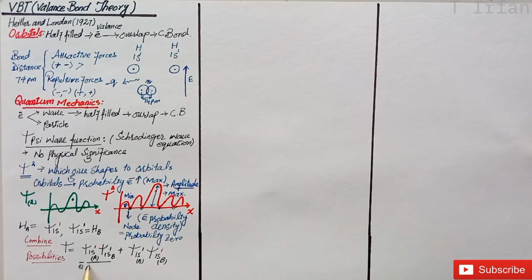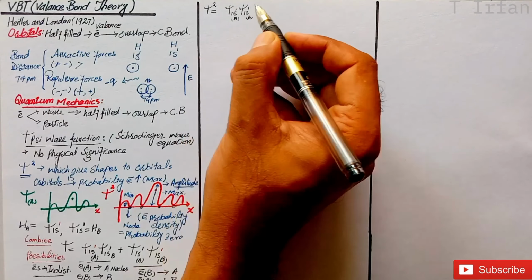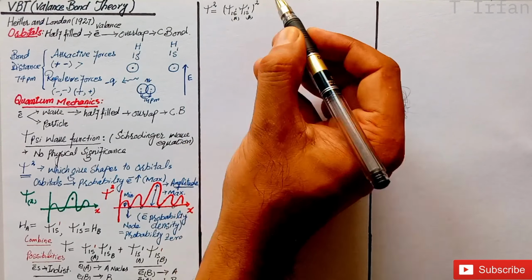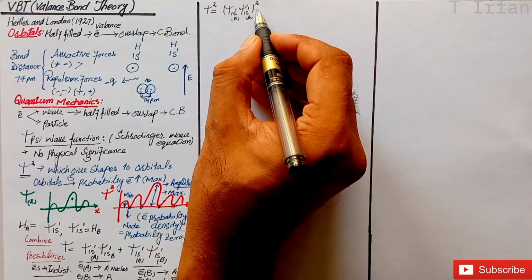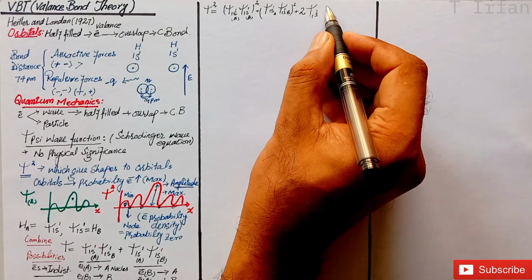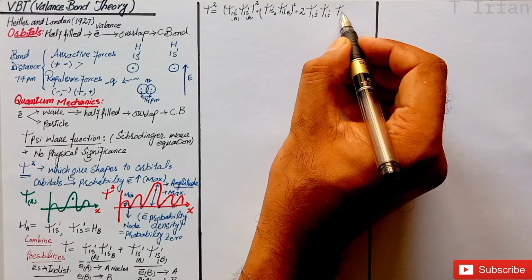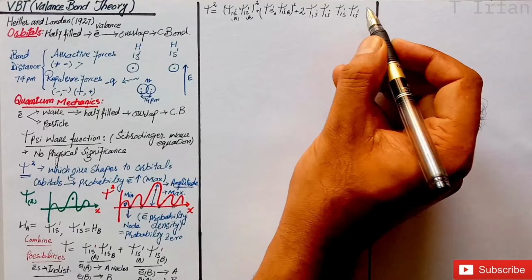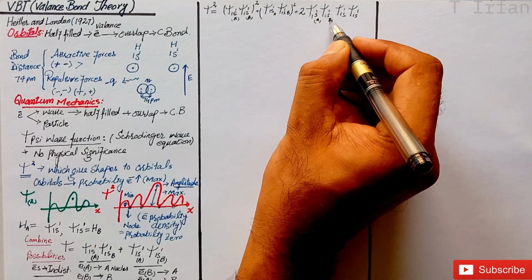And when we take the square of this equation, we can write the square of psi in this way. In this psi square equation, the third term is the cross term. This shows the constructive overlapping of waves of electrons.